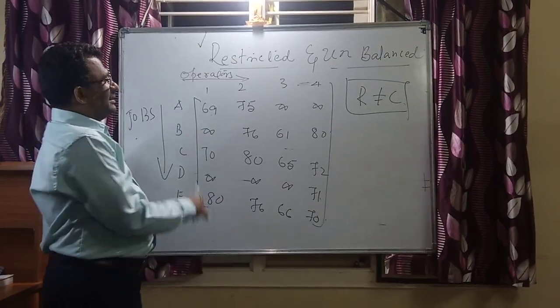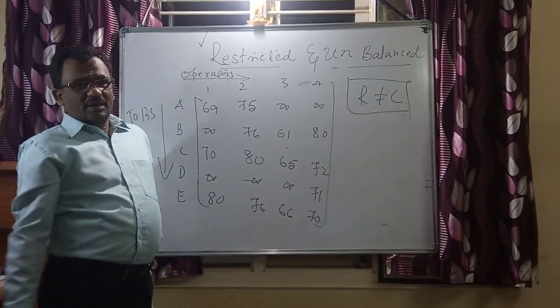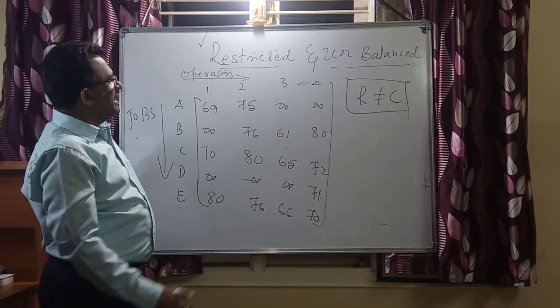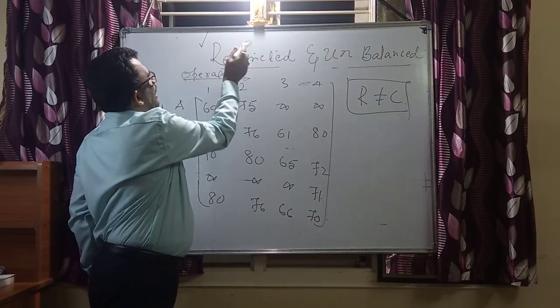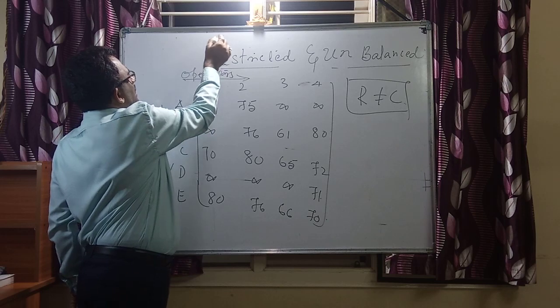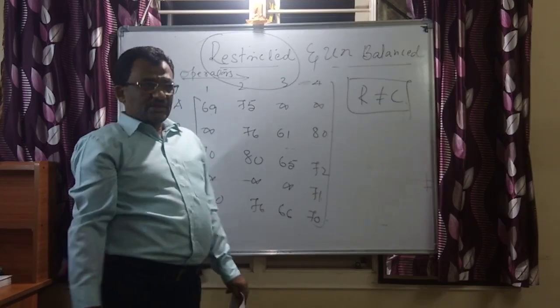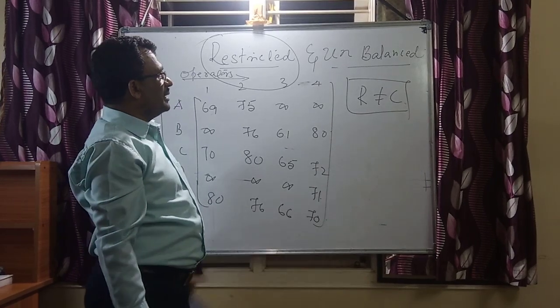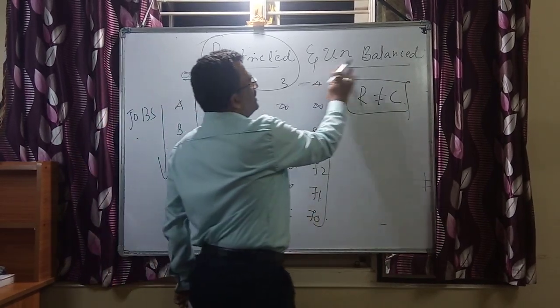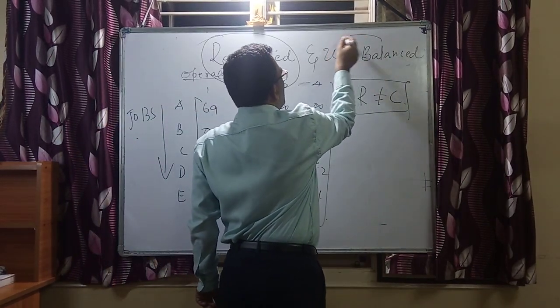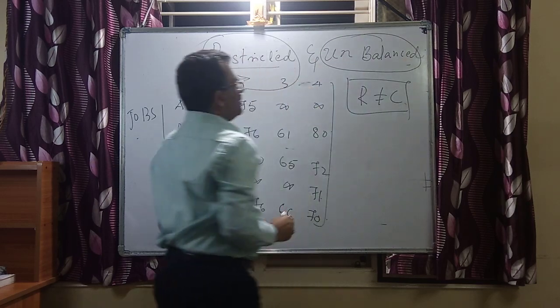Now there are 2 different aspects we covered in this problem. One is we need to give due recognition to these restrictions, the restrictions to be respected. At the same time, I need to handle the unbalanced allocation. Look at this.